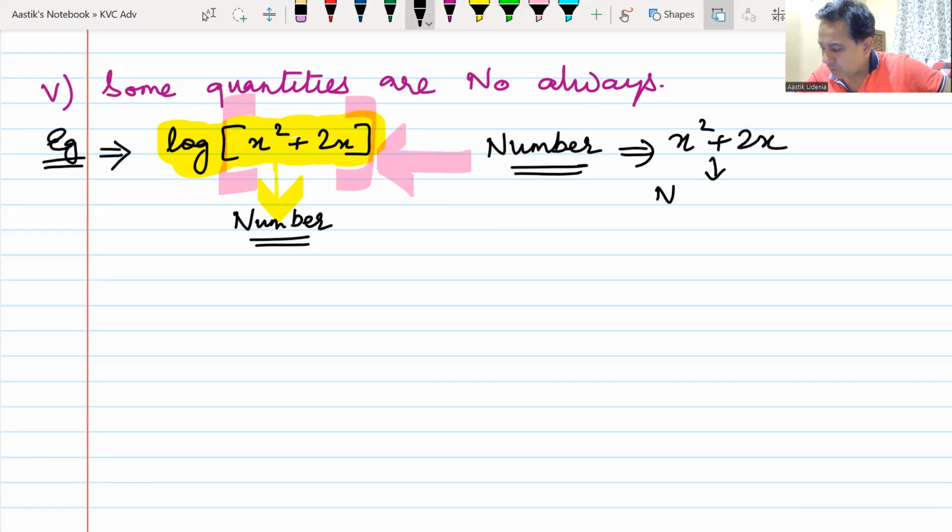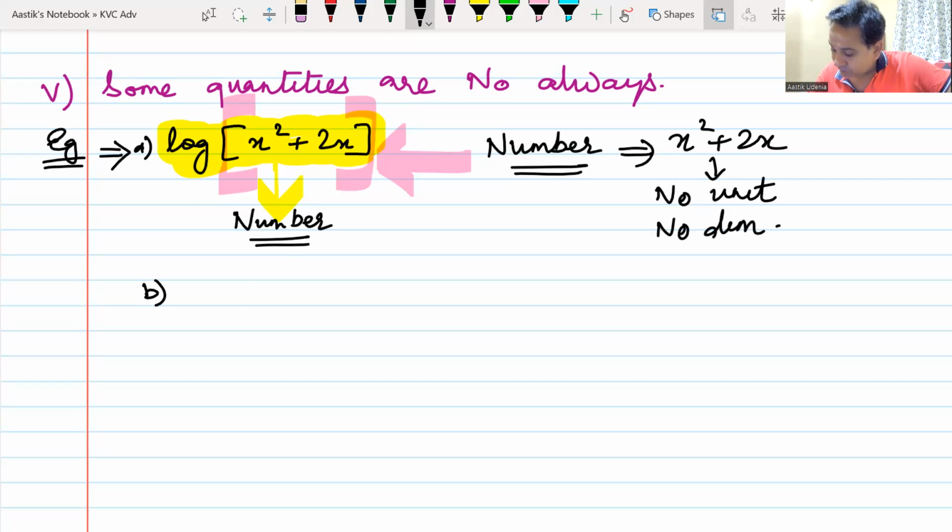It has no unit and no dimension. Log of this entire thing is also a number. It does not have any unit, does not have any dimension. Do we understand this? Yes, sir. This is example number A.